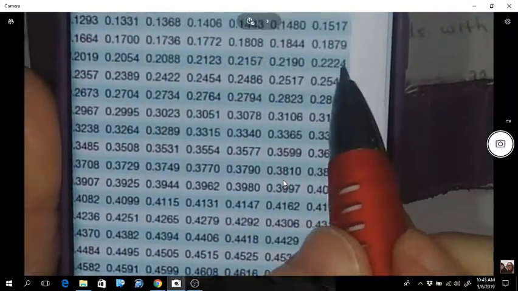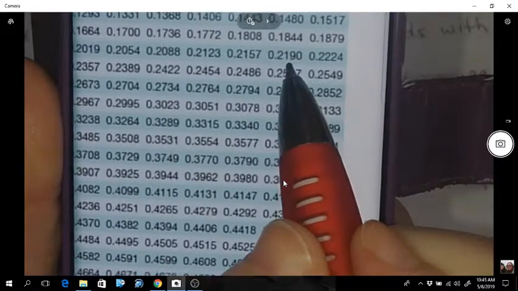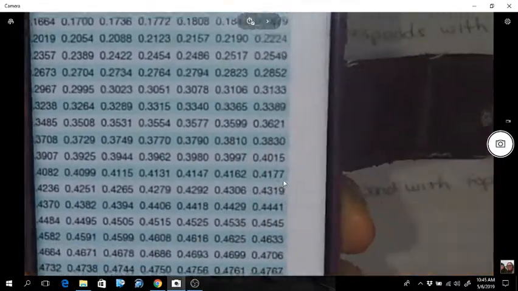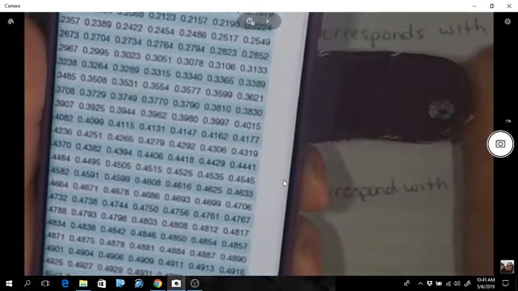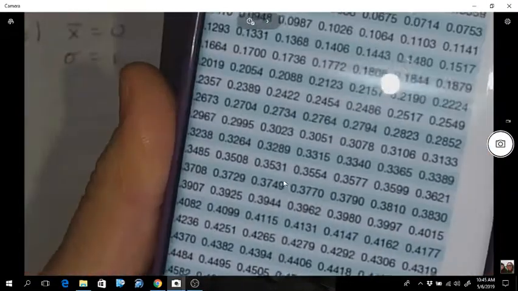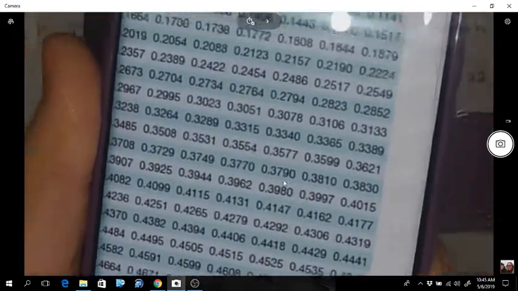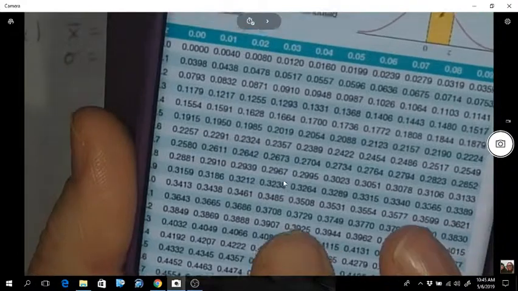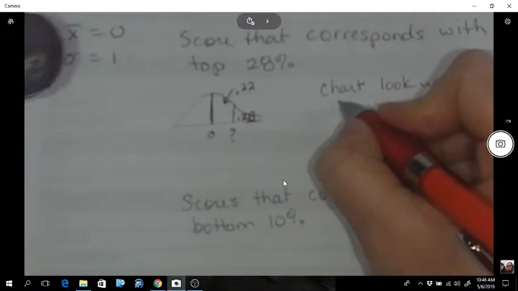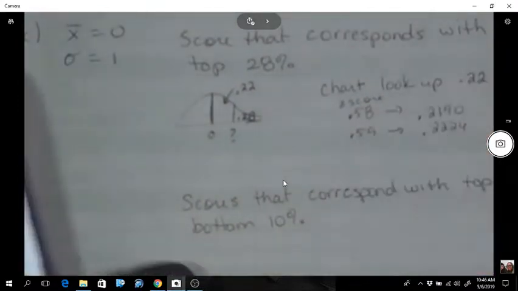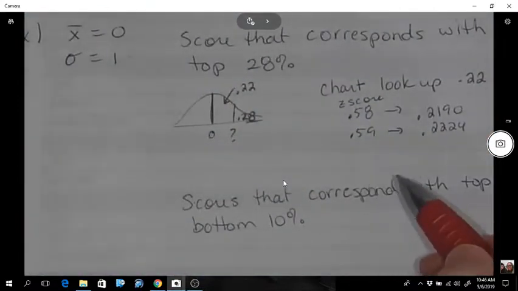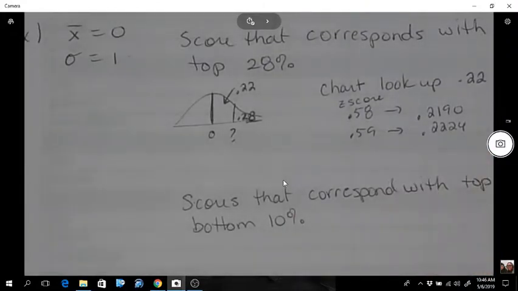So you would see this right in there. 0.2190 and 0.2224. And what numbers do they correspond with? So you have 0.58 and 0.59. Okay, so 0.58 gave us that, 0.59 gave us that.